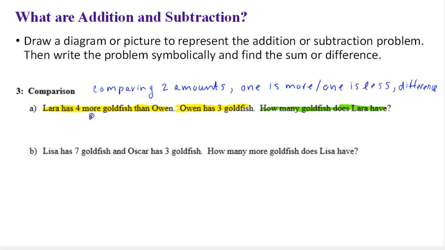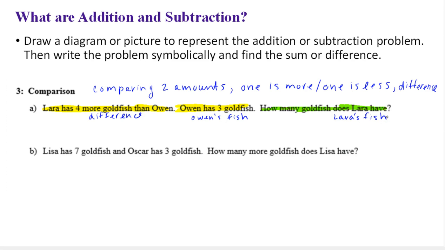So I'm going to write under here, this is the difference. We're comparing the number of goldfish Lara has and then Owen has. Okay, this is Owen's amount. We'll just put Owen's fish for short. Okay, and we want to find how many fish Lara has.